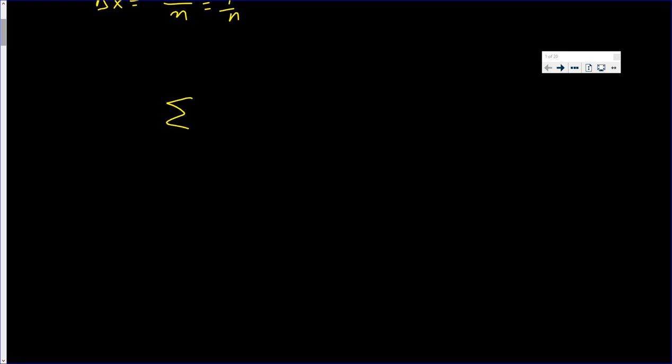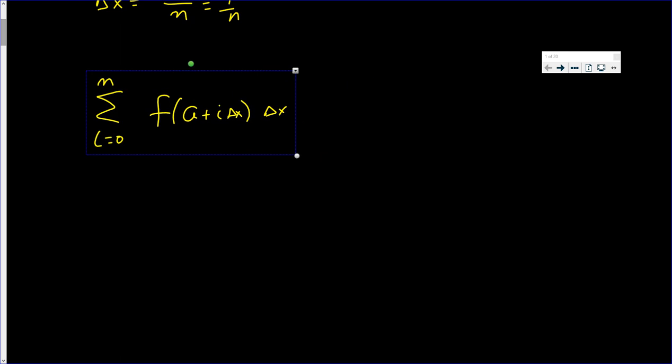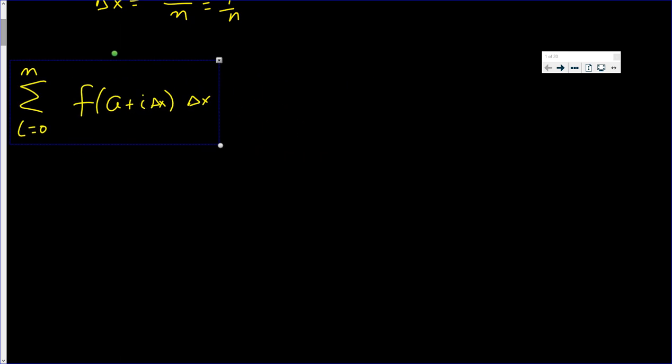It's going to be the summation as i goes from 0 to n of f of a plus i times delta x, times our delta x. I don't actually remember this formula, but I'll always have it, because I can see it.